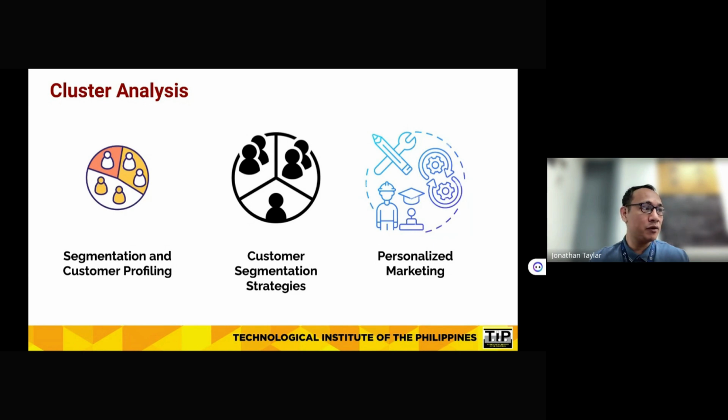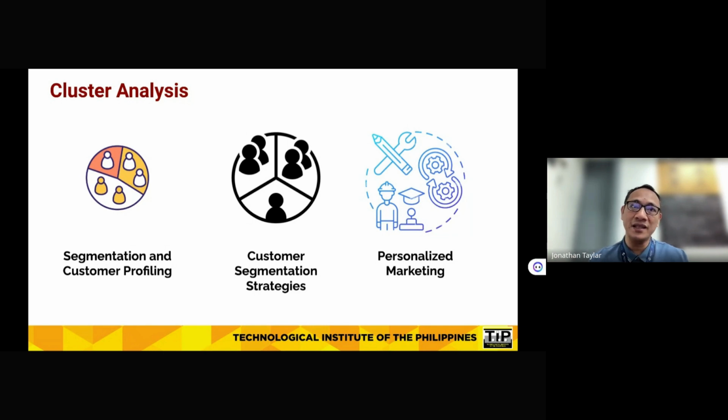So basically, it provides personalized marketing strategies for specific customer segments with relevant messages, products, and experiences. If you use AI, particularly in marketing, you leverage it for customer segmentation and personalize your marketing.